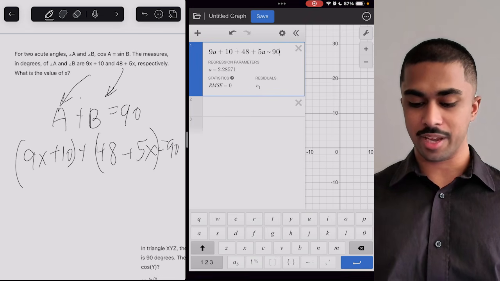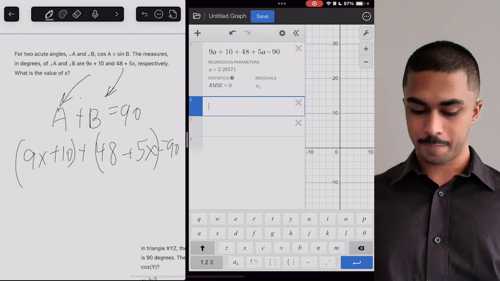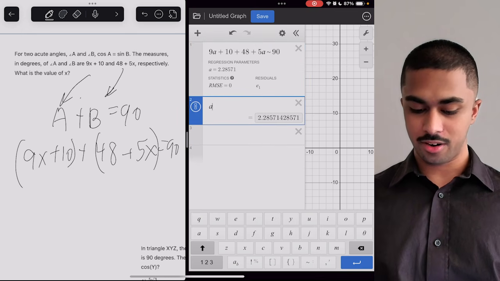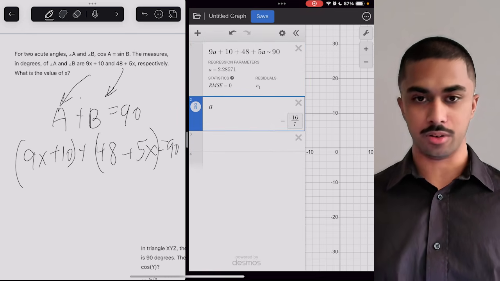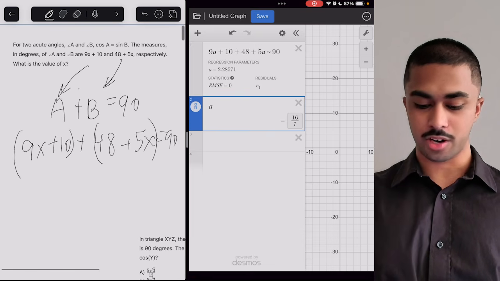Now, you don't have to make it A. It works with any variable other than X and Y. But if you press A right here, and then press this fraction button, you get 16 over 7, right? So it simplifies the fraction for you.